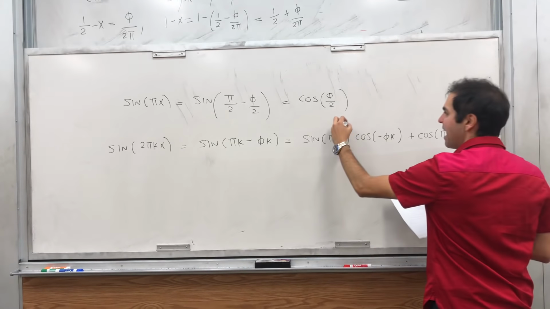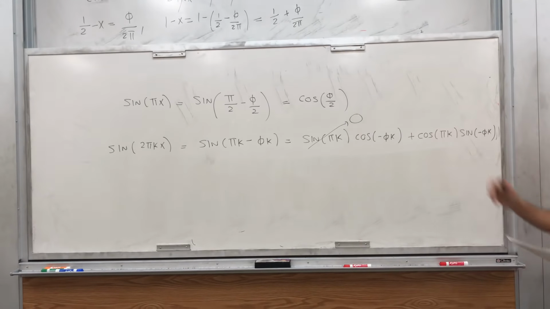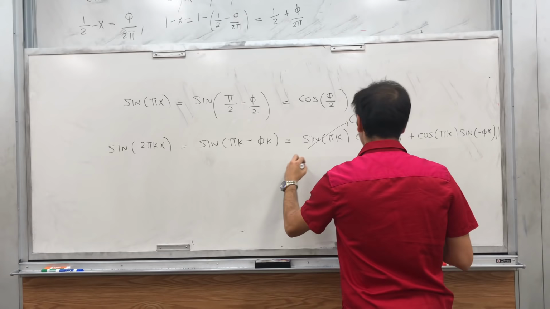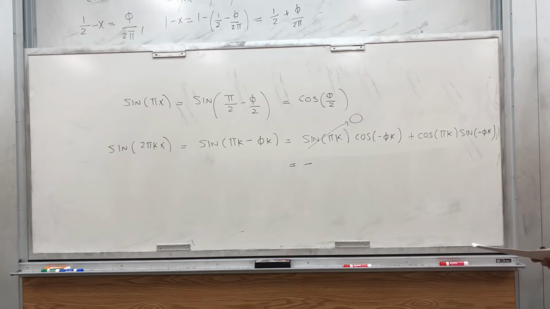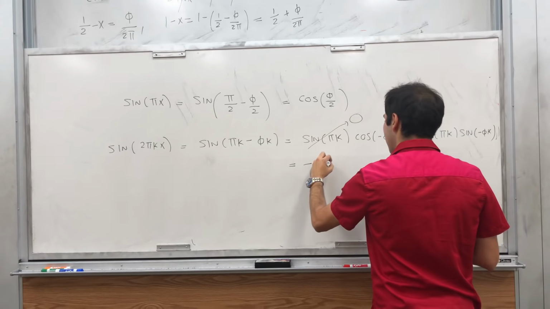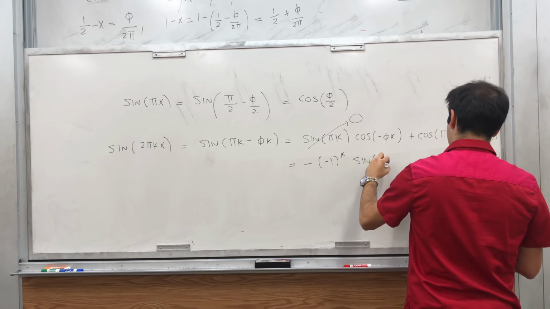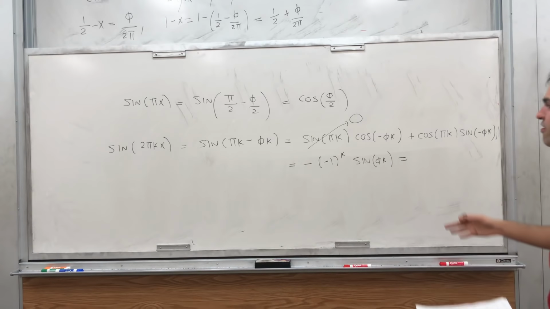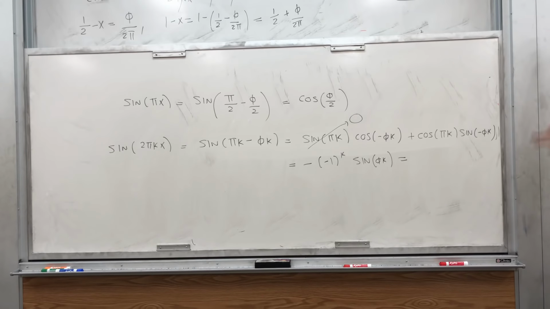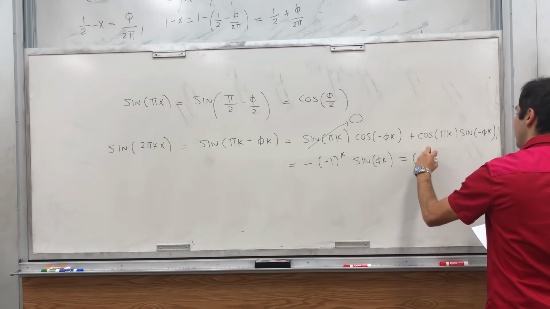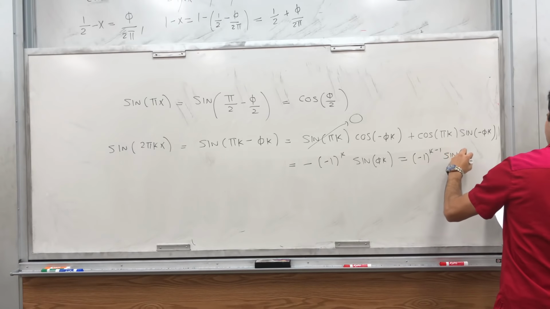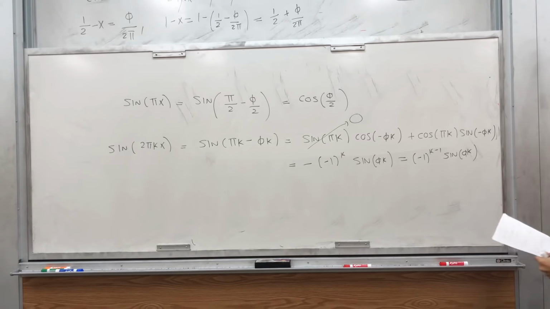Now, sine of pi k is 0, so this term doesn't matter. And sine of minus phi k is minus sine of phi k. So we get cosine of pi k, which is minus 1 to the k, times sine of phi k. And what we're left with is minus 1 to the k plus 1 sine of phi k, which is the same thing as minus 1 to the k minus 1 sine of phi k.